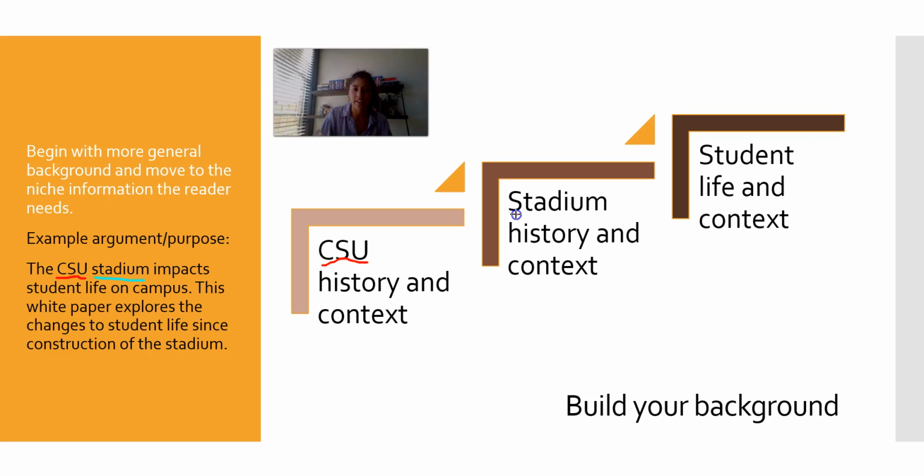Oh, okay, well now I need to tell them about the stadium. And then lastly, you'll have your impacts on student life, right? Student life. So with a really strong kind of argument, research question, and purpose statement, it often will give you that really great roadmap to help you kind of build up that argument.